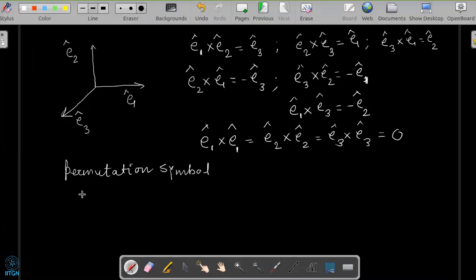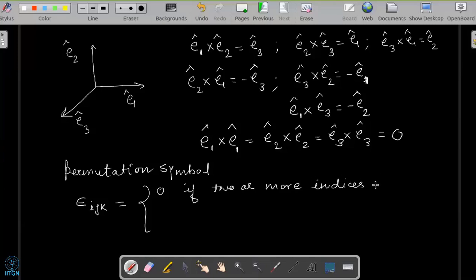This is denoted by epsilon_ijk, and this is equal to 0 if two or more indices are equal. Here we have 3 indices, so if 2 or 3 indices are equal, either 1, 1, 1 or 1, 1, 2, something like that, then it will be 0.